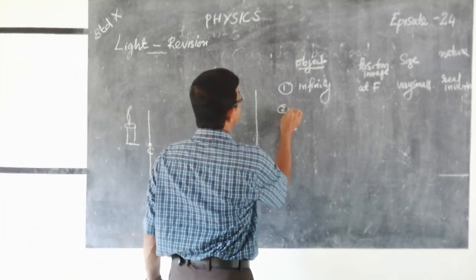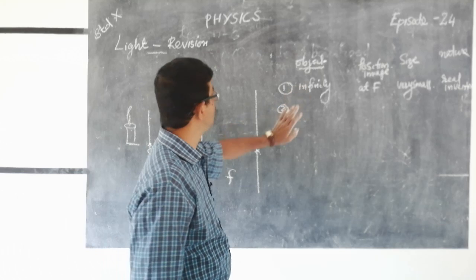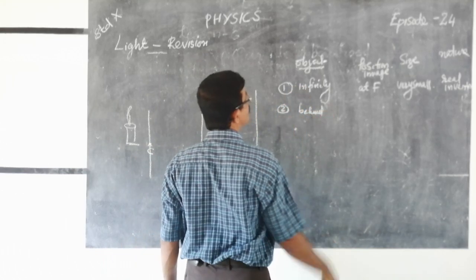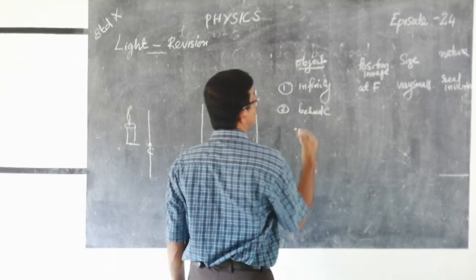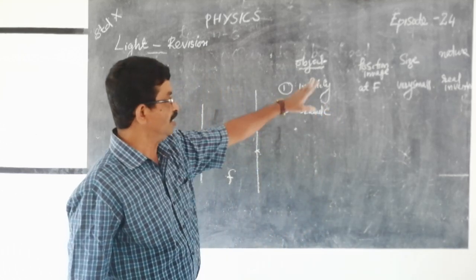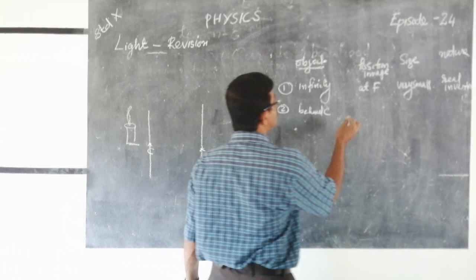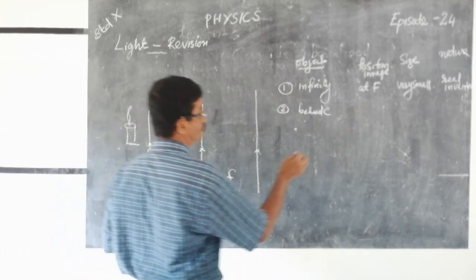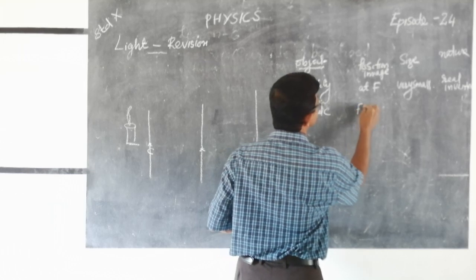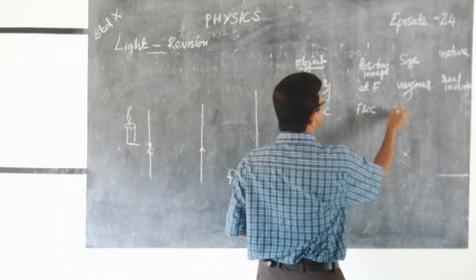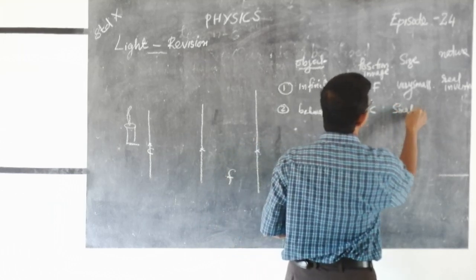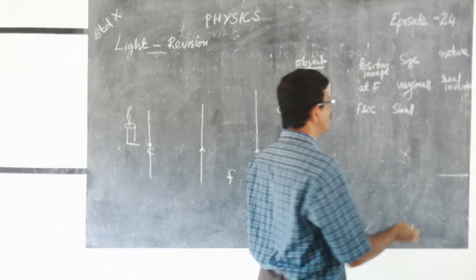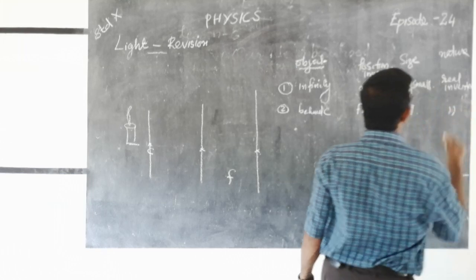Now, second case, the object is behind C. Then the position of the image is in between F and C. The image is small. We got a small image, and it is also real and inverted.